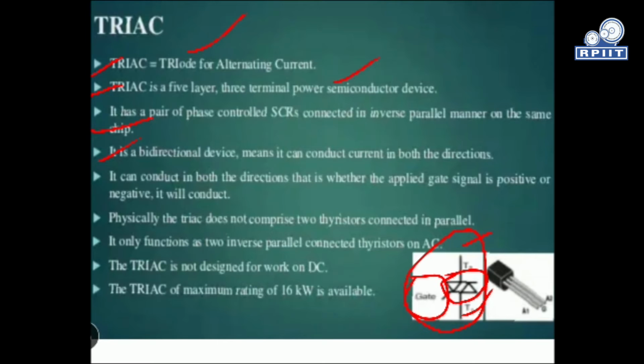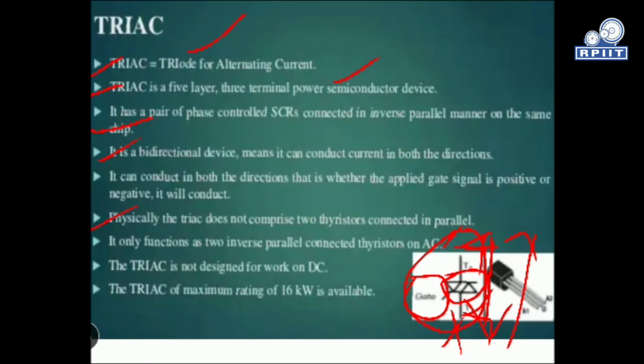If T2 is positive with respect to T1, it conducts in one direction, and if T1 is positive and T2 is negative, it conducts in the other direction. So it can conduct in both directions, whether the voltage applied to the gate signal is positive or negative.